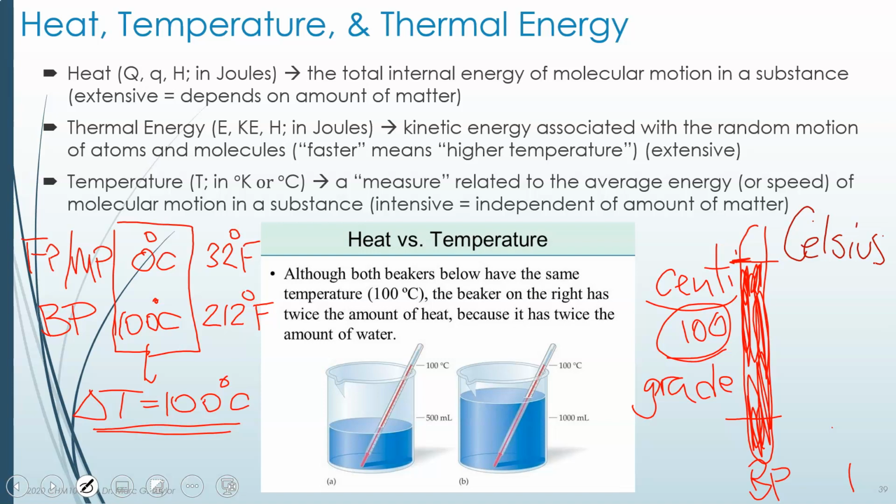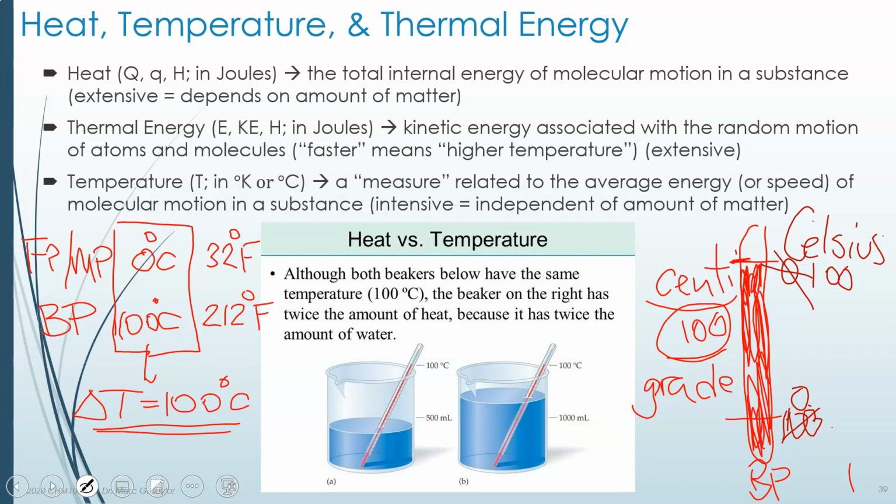Oddly enough, though, for some bizarre reason, Anders Celsius said, I'll call the bottom 100, and I'll call the top 0. And later on, somebody said, well, that doesn't make a lot of sense. Let's call the top 100 and the bottom 0. We still name it after Celsius because he created the whole scale.